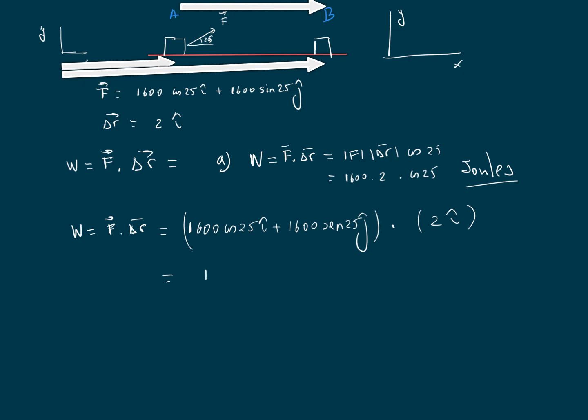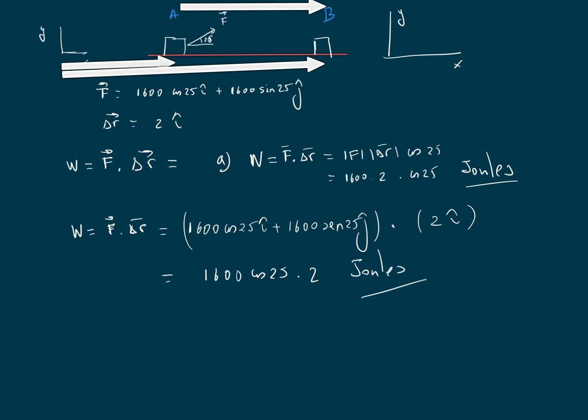So the work will be 1,600 cosine of 25 by 2. And this is the same result as the other one, and the work is measured in joules. And the problem is solved.